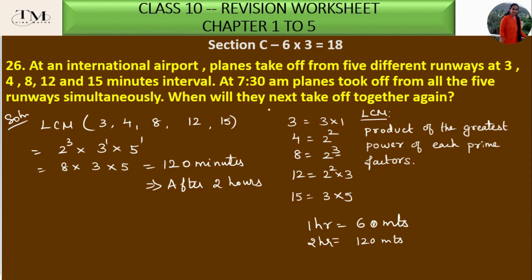When did the planes start? At 7:30 a.m. So to 7:30 you have to add 2 hours. 7 plus 2 is 9, so 9:30 a.m. At 9:30 a.m. the planes will take off together.